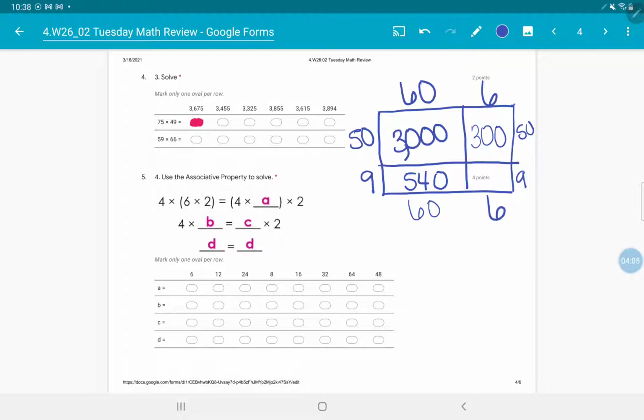Why would we multiply 9 times 9 to find the area of this section? What is the length? 6. What is the width? 9. So what do I need to multiply?